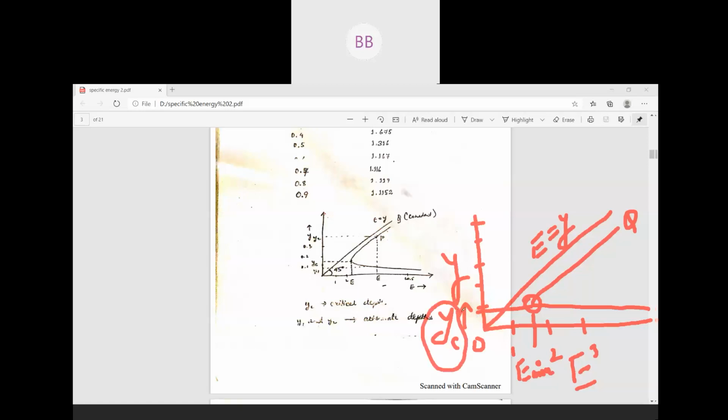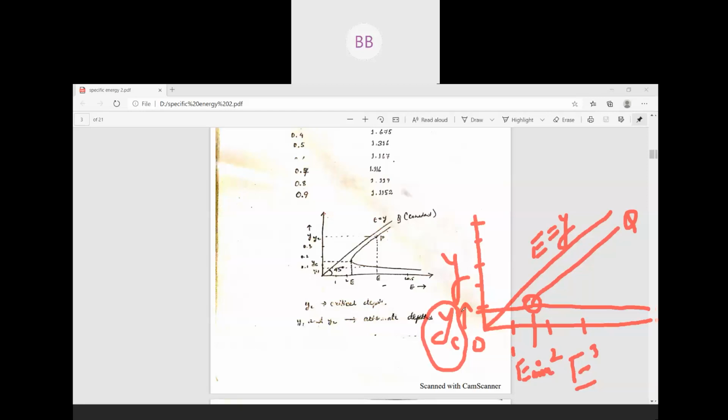So if someone asks you what critical depth is: it is the depth at which the specific energy is minimum, not zero.